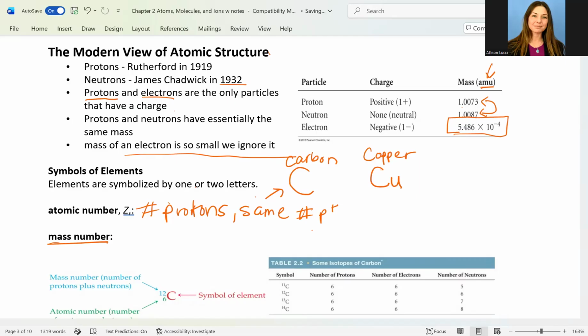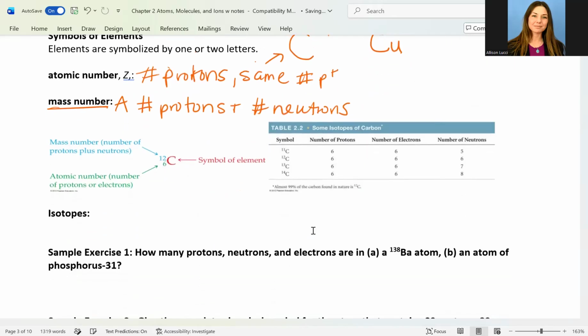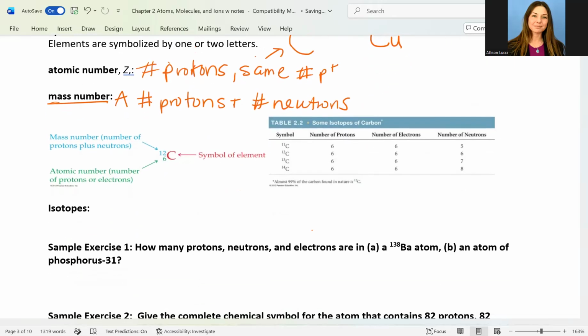So the mass number is commonly abbreviated A here, and it's going to be both the number of protons and the number of neutrons. So the mass number, when we abbreviate a specific isotope, is going to be the top number here.